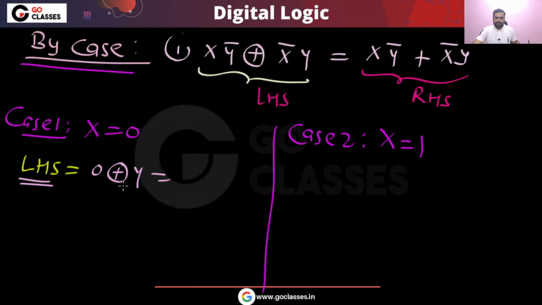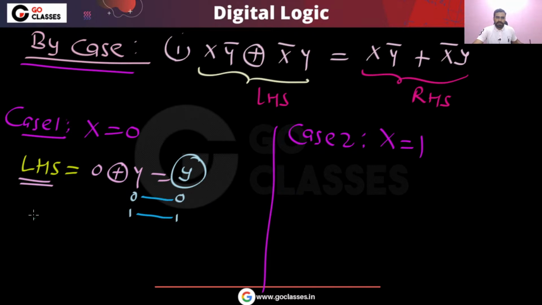Remember, if y is 0, this is 0, and if y is 1, this will be 1. So 0 XOR y is the same as y.